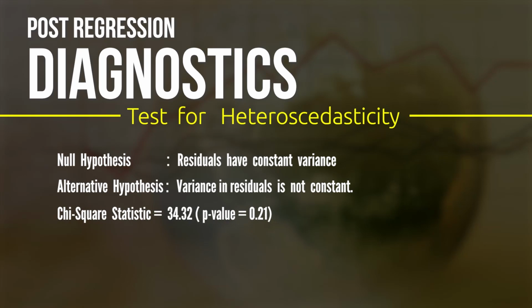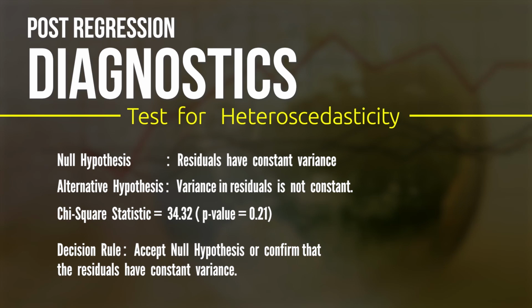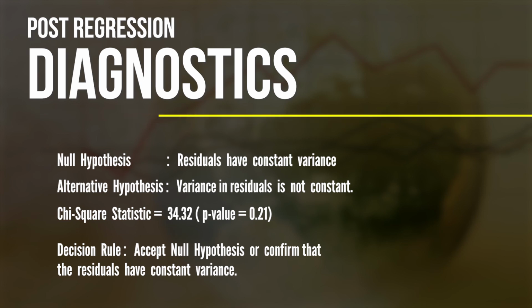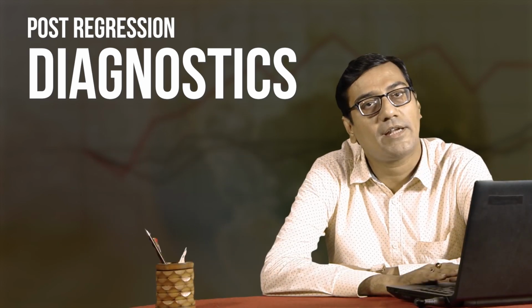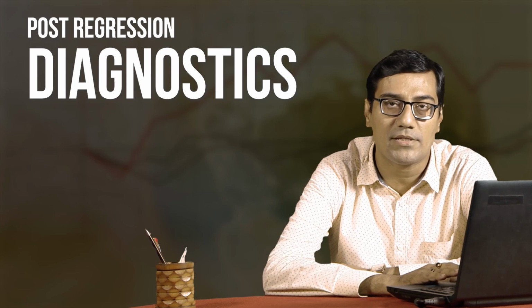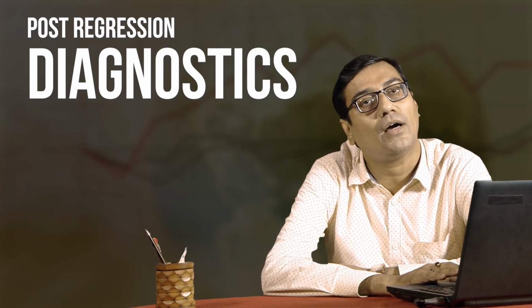The chi-square value is 34.32, and we can see the p-value is much higher than 5%. That means it is basically 21%, and the null hypothesis is accepted. So as far as heteroskedasticity is concerned, this test statistic confirms the presence of homoskedasticity in the residual errors, and thereby we can proceed to the other diagnostic test.